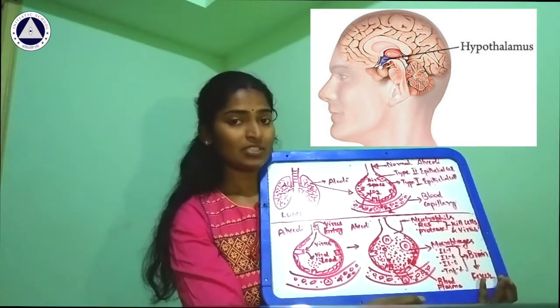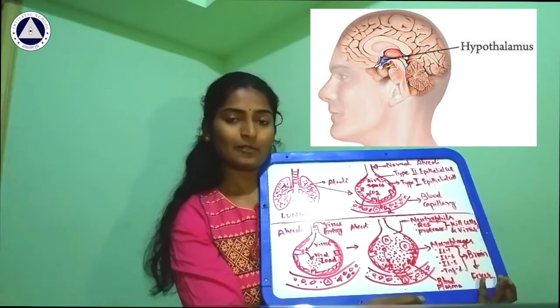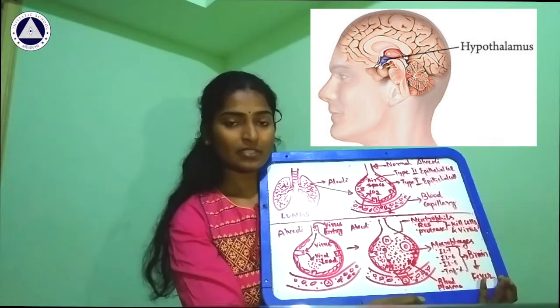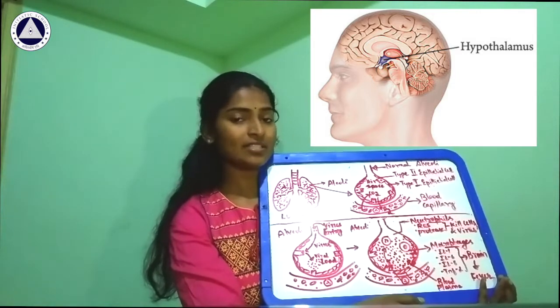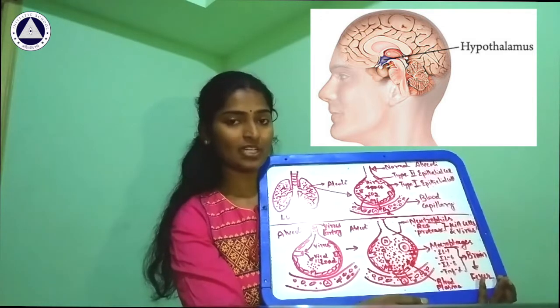Under normal conditions, this hypothalamus acts as a thermostat. That is, it will regulate our body temperature depending upon the changing external environment. So that's the function of the hypothalamus.